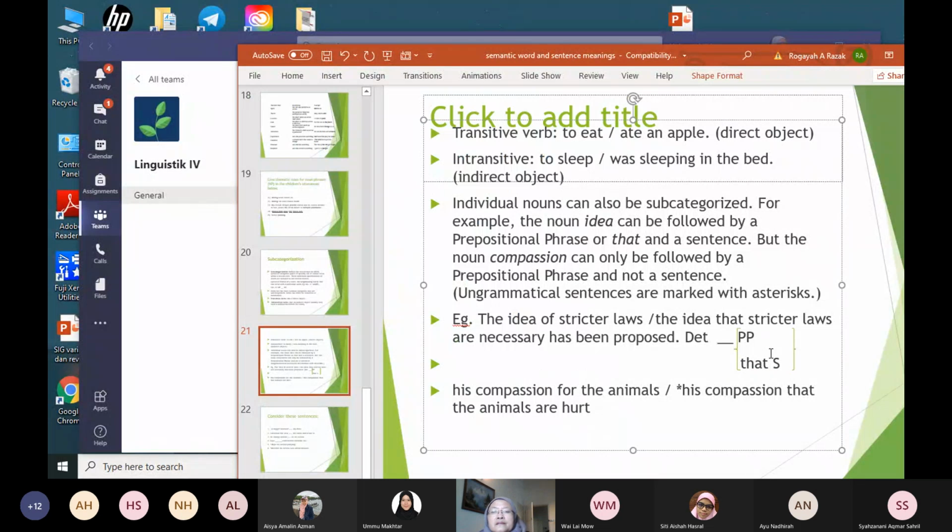So this curly bracket means that the word idea takes a PP, or that and an S. This is what they call a subcat.